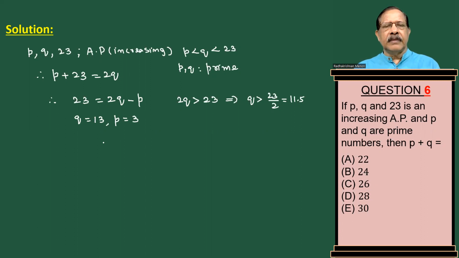So p equals 3. So p is 3, q is 13, and the third term is 23. This is a possibility. They are increasing: p less than q less than 23. So in this case, p plus q is equal to 13 plus 3, what? 16. Is it there in the options? No, it is not. So this is one case.